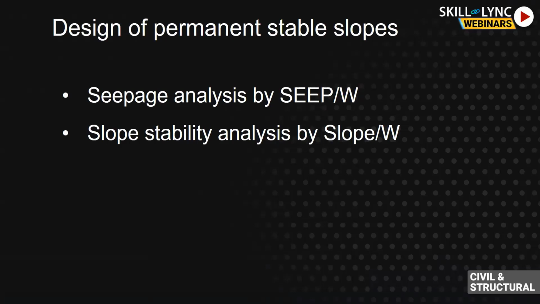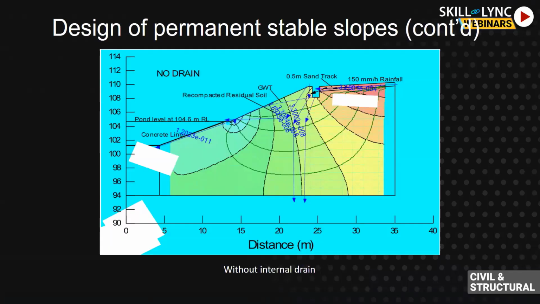We can integrate this information into SLOPE/W and find out the safety factor against slope failure. As I mentioned, we used two different programs: one is SEEP/W, another one is SLOPE/W. We tried different combinations of analysis, but in this presentation I'm showing only three of them.